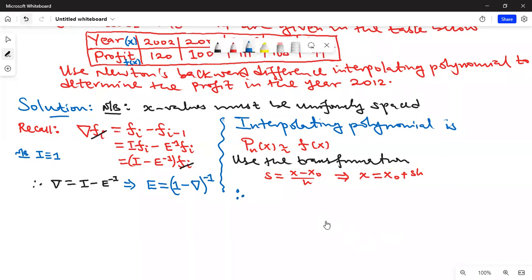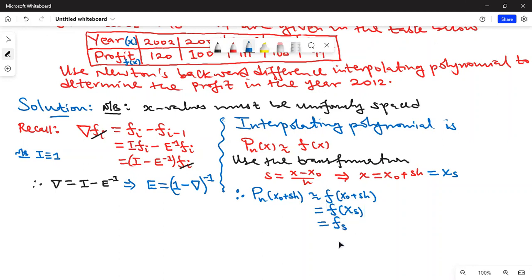Instead of x, we'll write x naught plus sh in Pn, which is approximately equal to f of x naught plus sh. Remember, x naught plus sh is the same as x subscript s. So this equals f of x subscript s, which you can write as f subscript s.